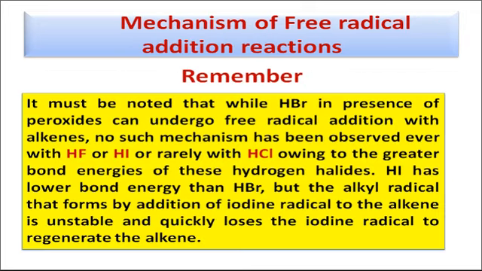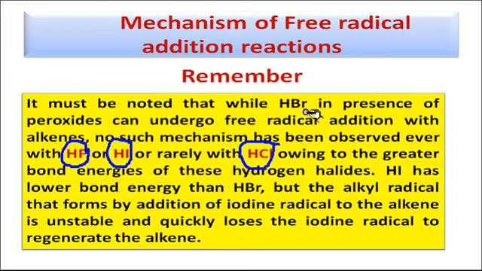Now, while considering the Kharasch effect or the peroxide effect or the free radical addition reaction mechanism, we must remember that while HBr in presence of peroxide can undergo free radical addition with alkene, no such mechanism has been observed with hydrogen fluoride, hydrogen iodide or hydrogen chloride, owing to the greater bond energies of these hydrogen halides.